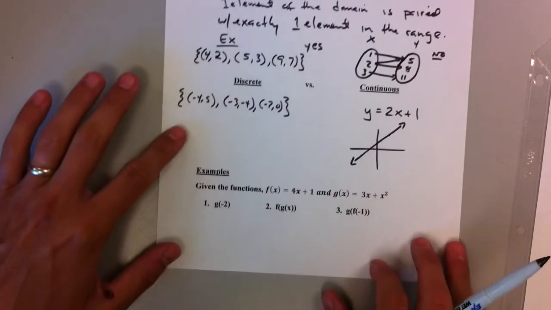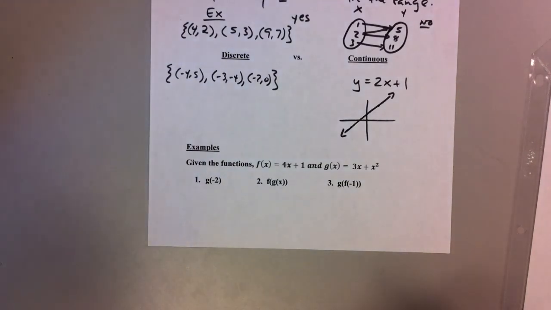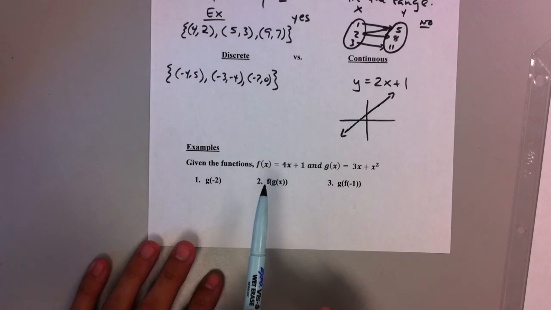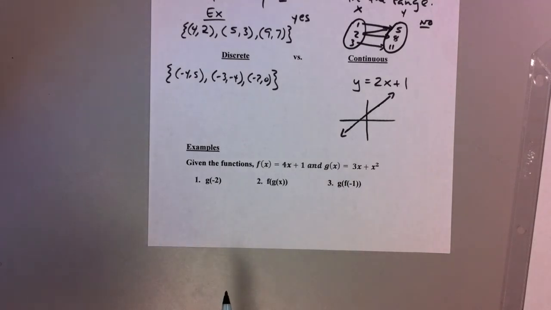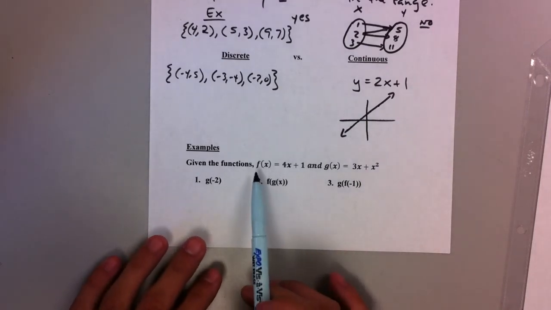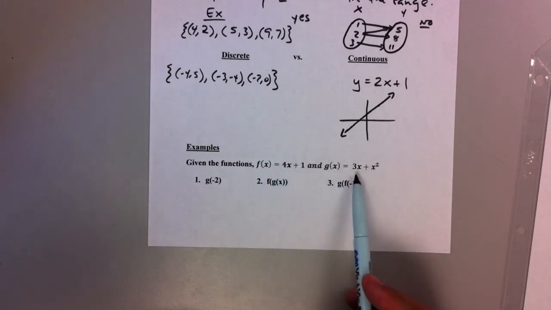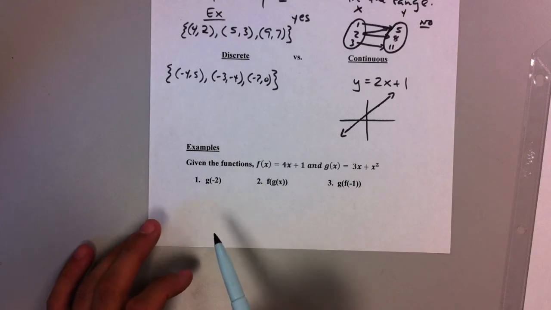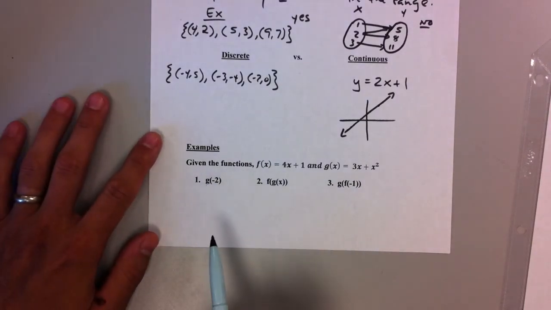Now we can do many things with functions, and we are going to do many things with functions, but for now let's just do some basics. So given these two functions here, let's talk about what you would do with something like this. You notice we have function notation here: f(x) = 4x + 1 and g(x) = 3x + x². I want to know, what is g(-2)? Well, all that means is you simply take -2 and plug it into g.